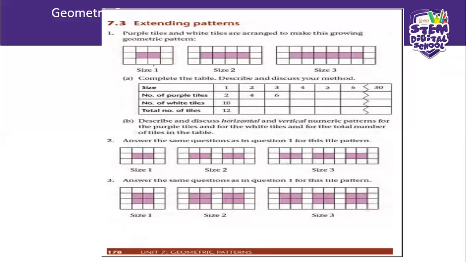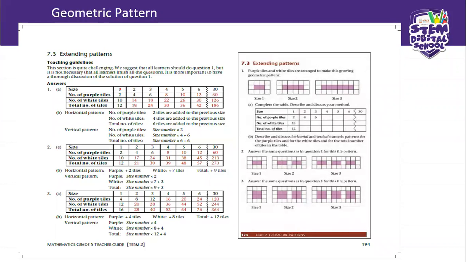The difference between the white blocks is a pattern of its own, and the total number of blocks is a pattern of its own. Let me enter this so you guys can see. So size 1, we've got 2 purple blocks, which gives us 10 white blocks, which gives us a total of 12 because it's 2 plus 10.